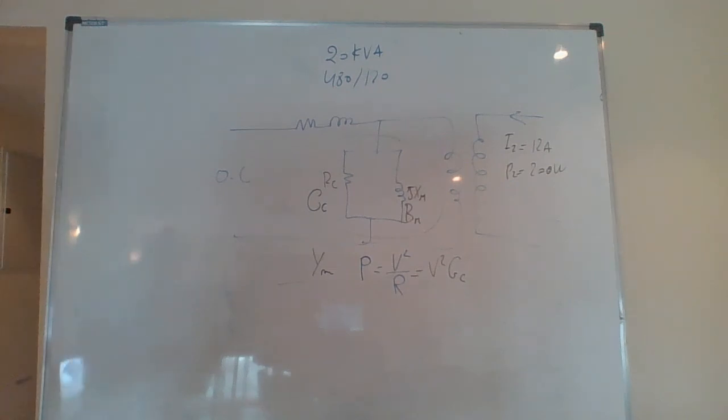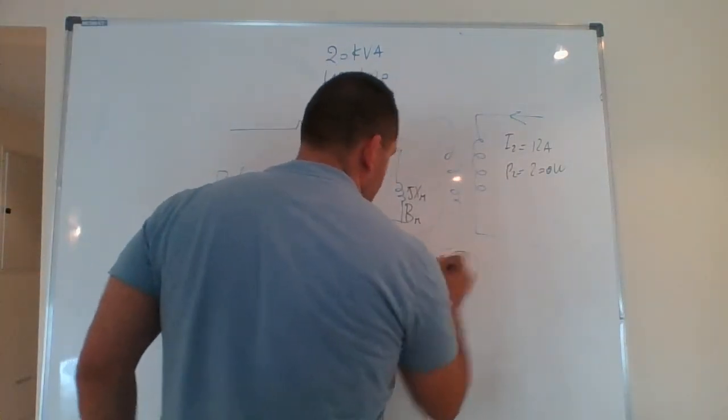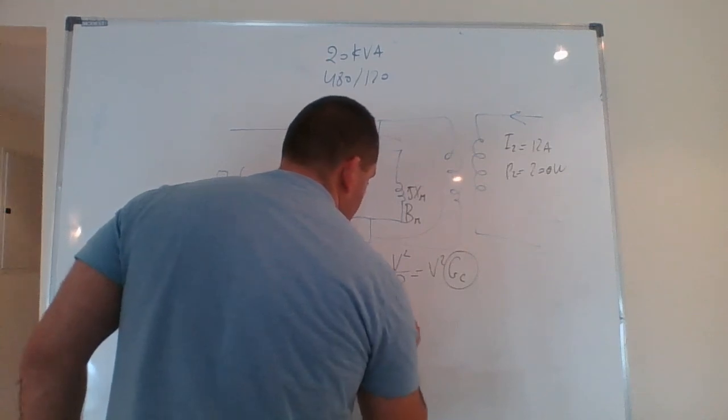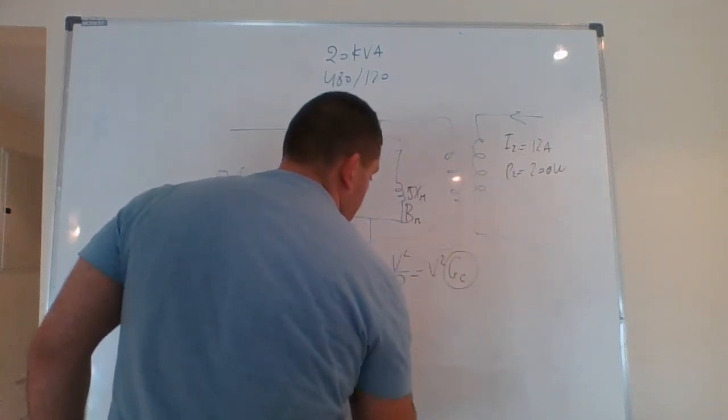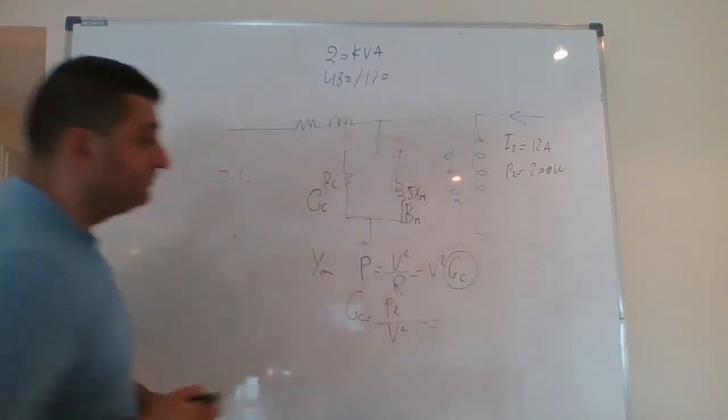So now GC would be equal to P divided by V squared.